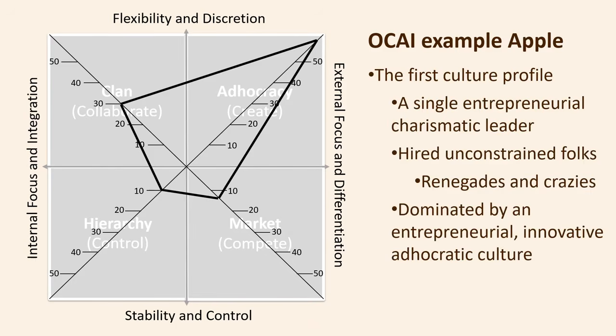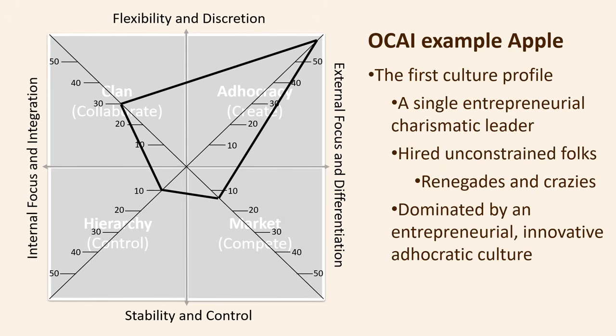At first, Apple's culture was dominated by a single entrepreneurial, charismatic leader, Steve Jobs, who was setting direction, and the company was flexible and freewheeling. The people hired were young, dynamic, unconstrained California folks who prided themselves on being free of policy manuals and rulebooks. The press described the group as renegades and crazies.